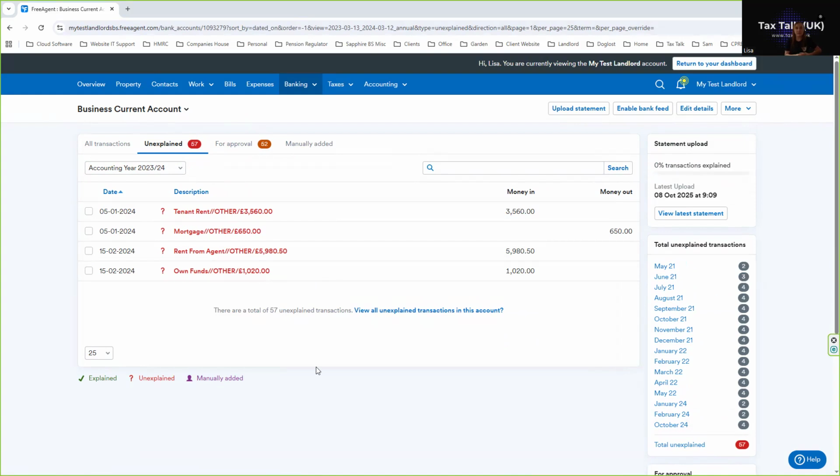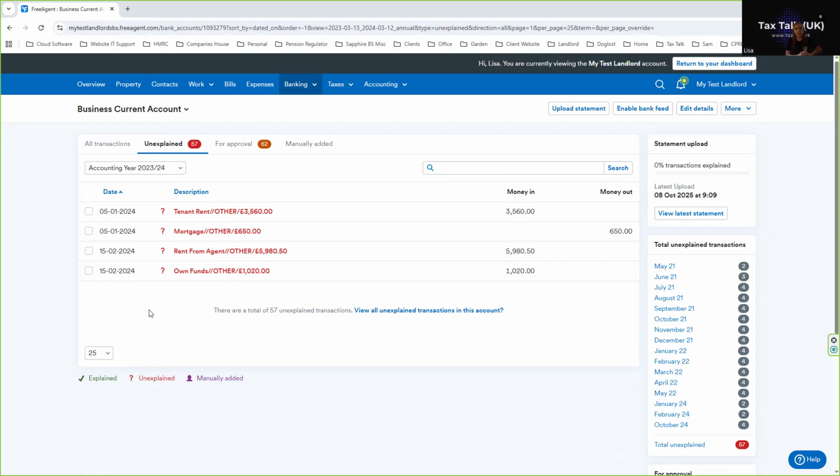The point of allocating the transactions is to tell the software what the transactions relate to, so that the software can then build your profit and loss, so that it can know the total income that you had and the expenses and what they are for. This will help you with your reporting to HMRC, and to be able to submit your self-assessment tax return.